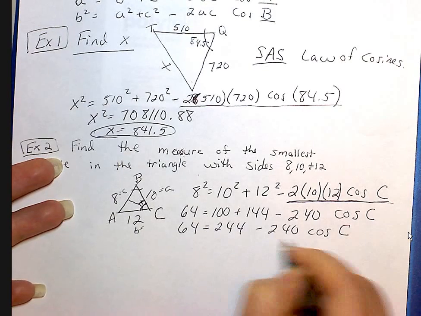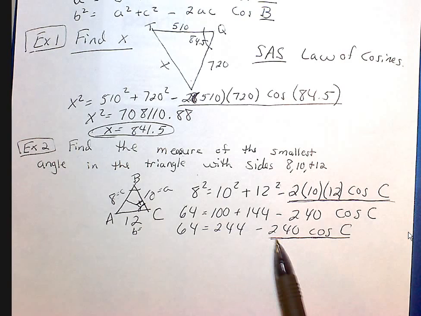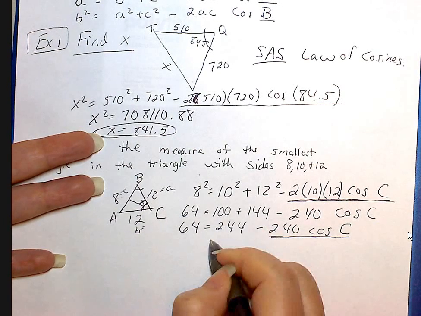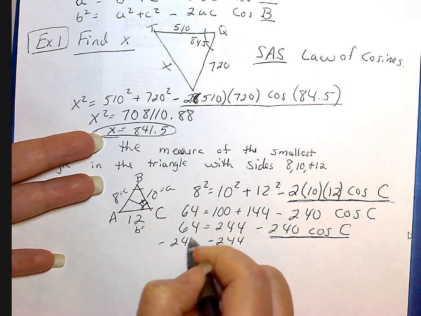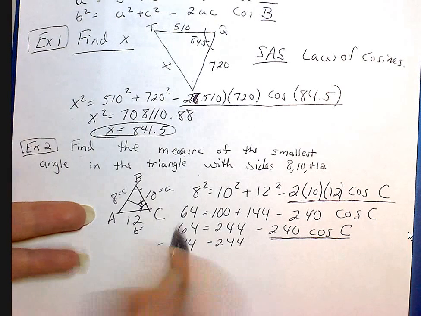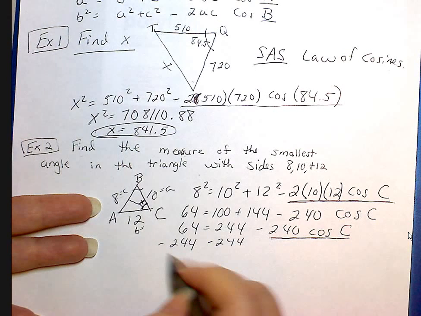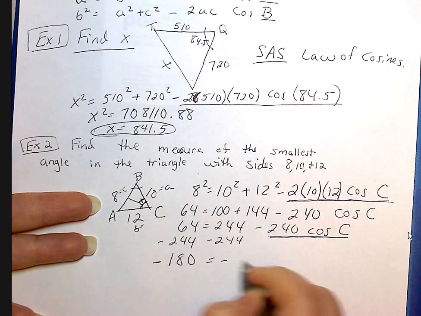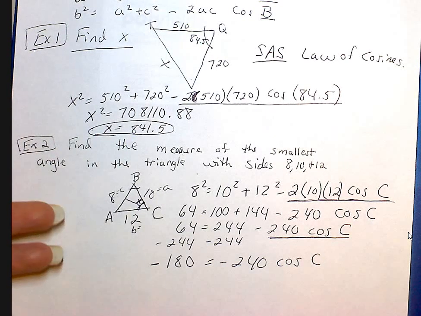Now this is multiplied together, so you still cannot do anything to that yet. That's going to be your last thing, because multiplication is the last order of operations when we're solving. So the first thing we have to do is get this to the other side. We're going to subtract 244 from both sides. So I have 64 minus 244 gives me a negative 180 is equal to a negative 240 cosine C. Then what do I have to do?